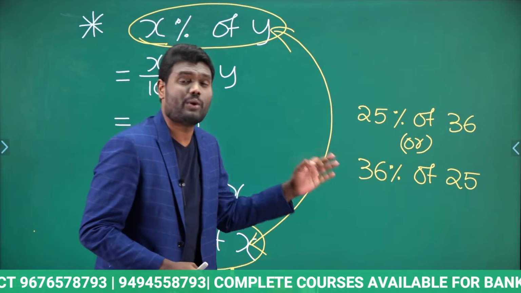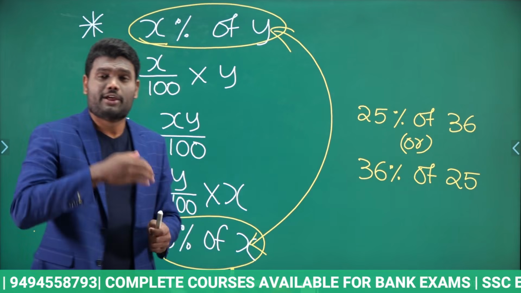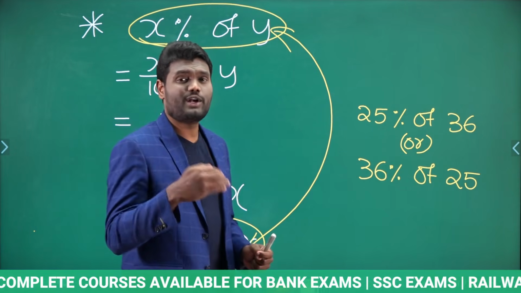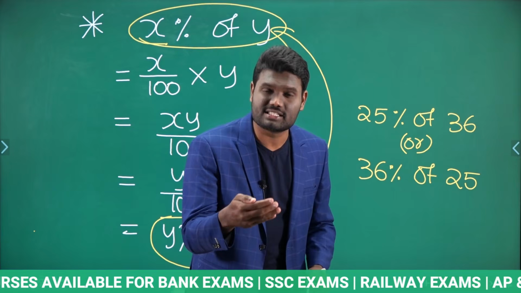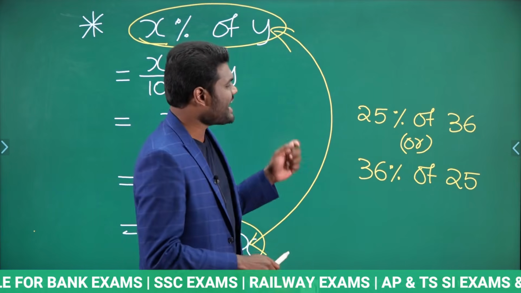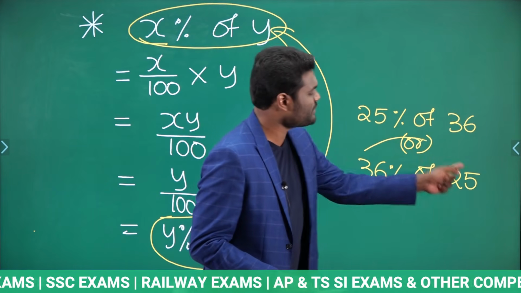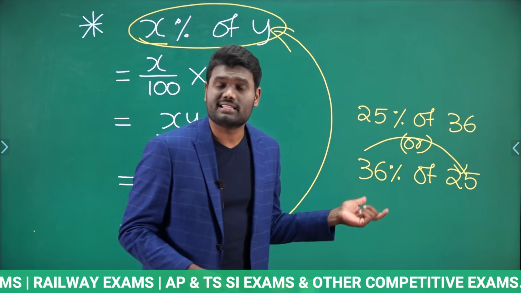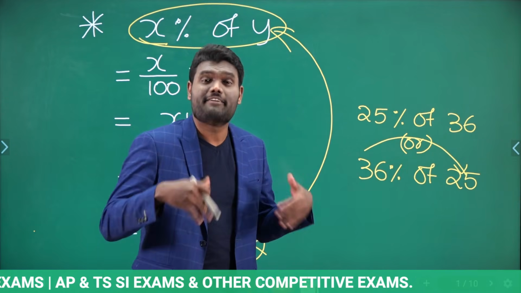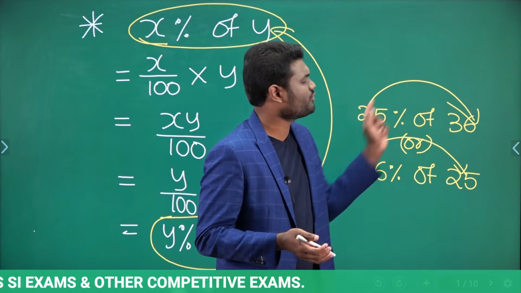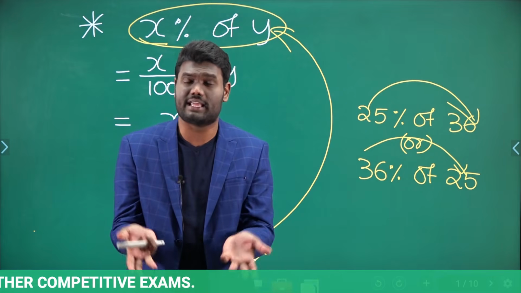Even this is a very important concept. Why? Because if you know this particular concept, you can make complicated calculations into simple calculations. If I ask you what is 36% of 25, calculating this is complicated. But if I ask you what is 25% of 36, it takes just a fraction of a second. Yes or no?